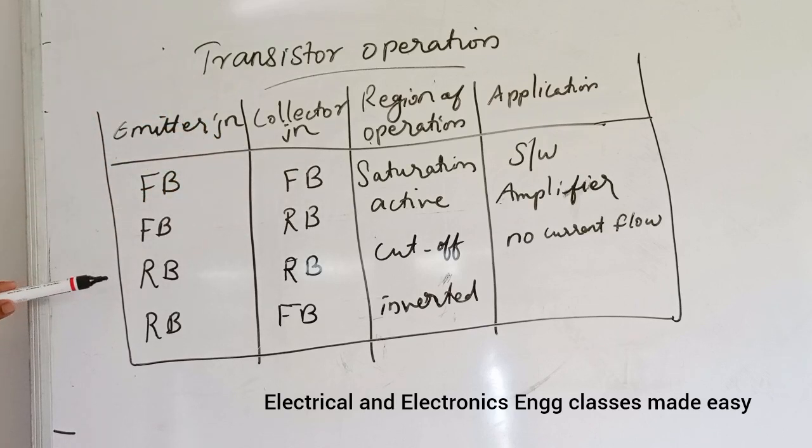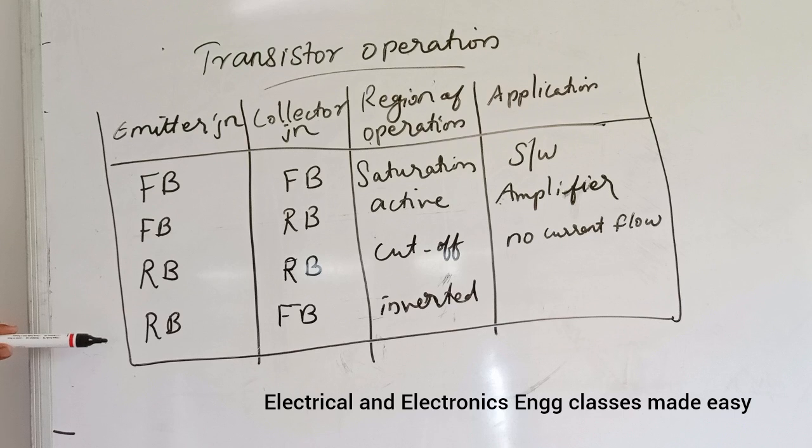Next, if both emitter junction and the collector junction are reverse biased, then it is called cut-off region, and here no current flow occurs. That is, the transistor is in off position.